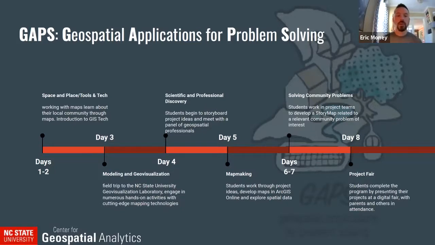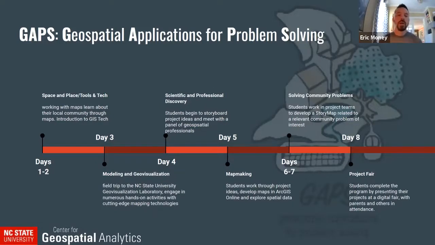On the first couple of days, it was more introductory, getting to know each other, getting to know about the program, and starting to talk a little bit about some of the fundamental concepts of geography and geospatial science.